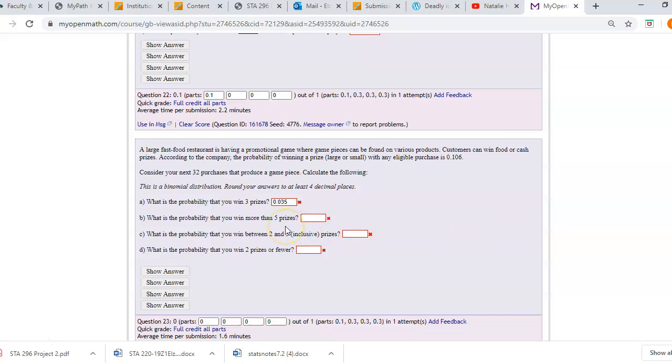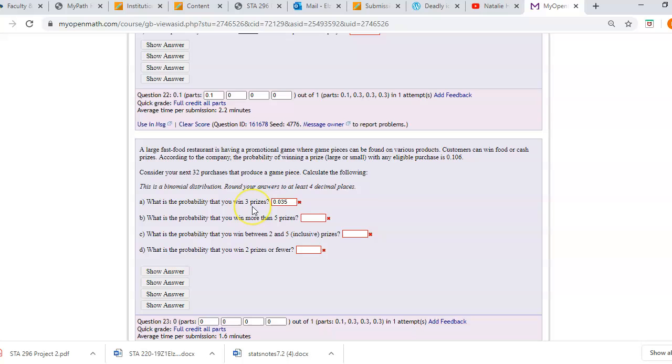Now, the only one I see that's slightly different will be if you were between 2 and 5. So you use the binomial distribution in Excel with X equals 2, and then you'll do it with X equals 5, and you'll subtract these two values. For 2 prizes or fewer, you'll put in a value of 2.